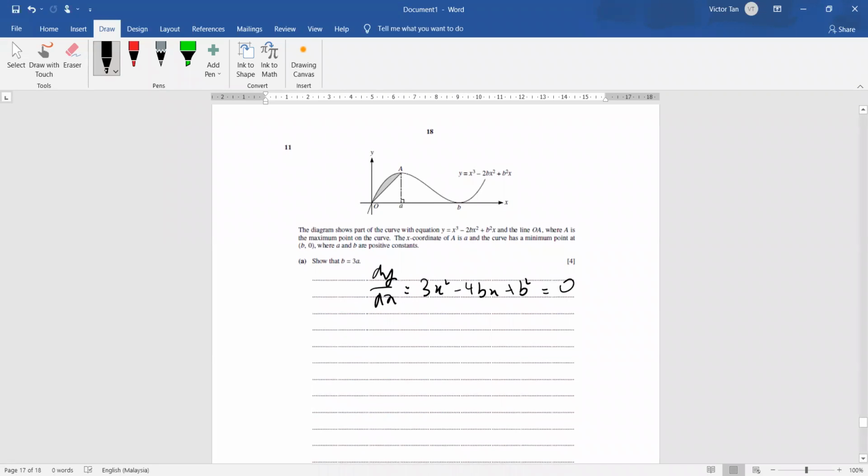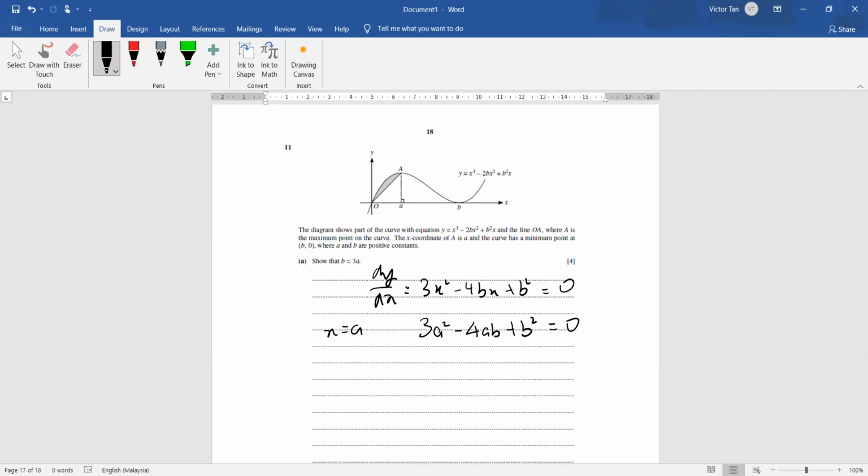So since a is the x coordinate of the maximum point, it should solve this equation. So 3a squared minus 4ab plus b squared equals 0, with x equal to a.